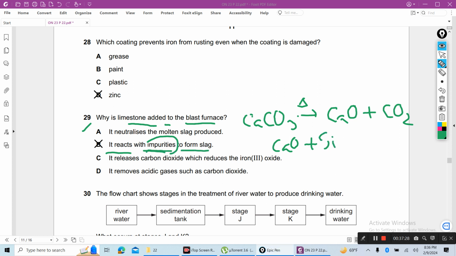Impurity means silicon dioxide present in iron ore, forming slag, calcium silicate. Calcium silicate, this is slag.